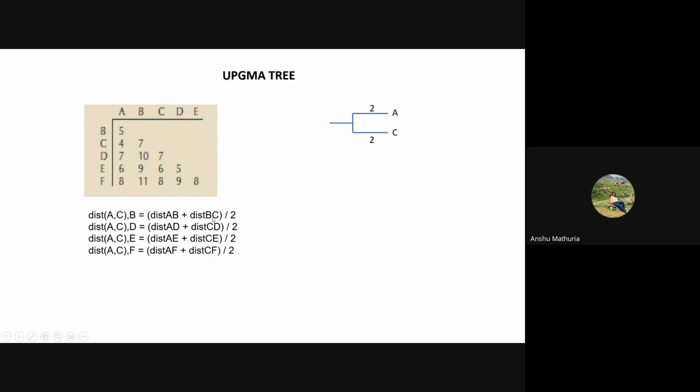Similarly, if I ask what's the distance between D and F? It's 11. How is it 11? D and F. Ma'am, 9. Ma'am, is it B and F or D and F?